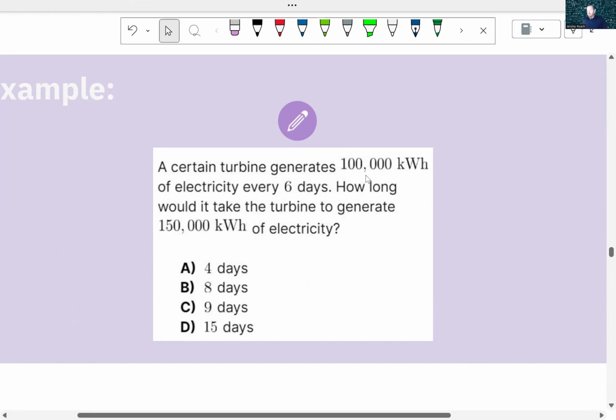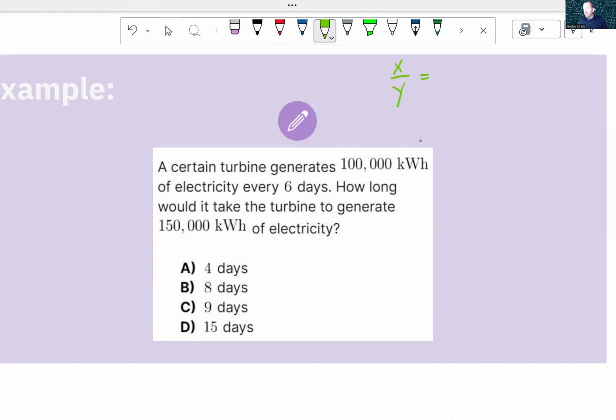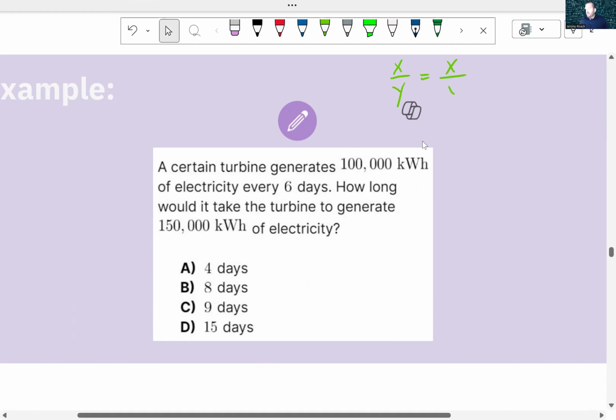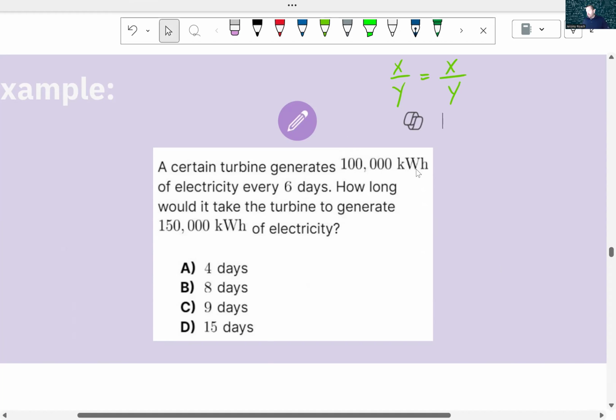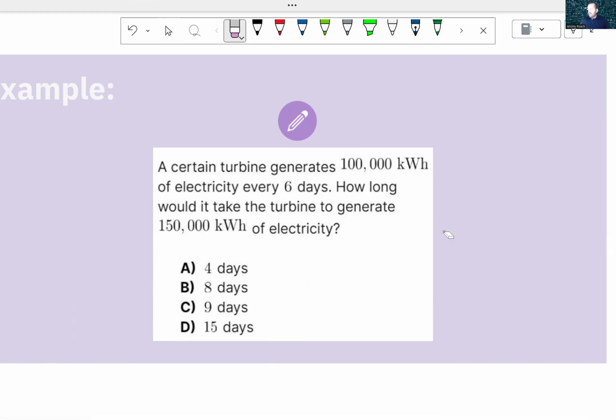So the rule of a proportion is if we match the symbols, we can say x over y is equal to x over y. This one is talking about a turbine that generates 100,000 kilowatt hours of electricity every six days. How long would it take the turbine to generate 150,000 kilowatt hours of electricity?